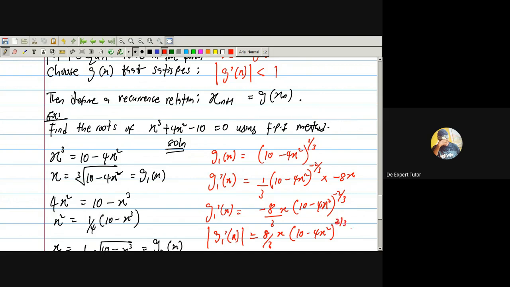Did you remove that minus? Not that one. This one, the minus 2/3.